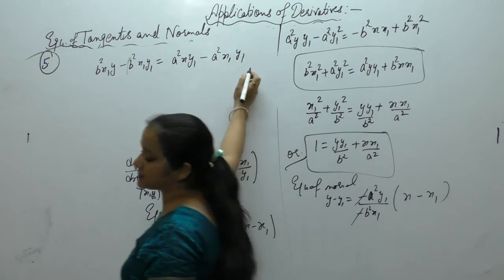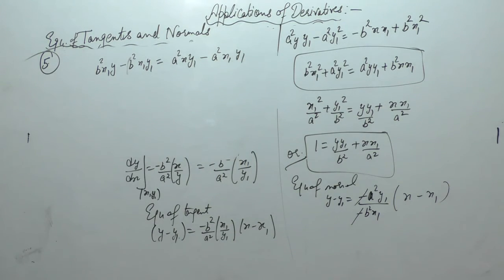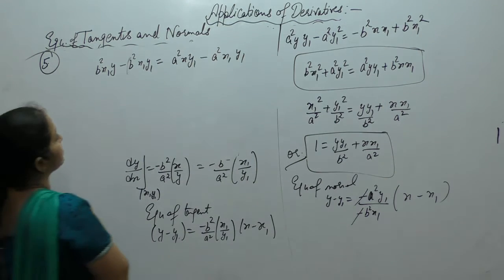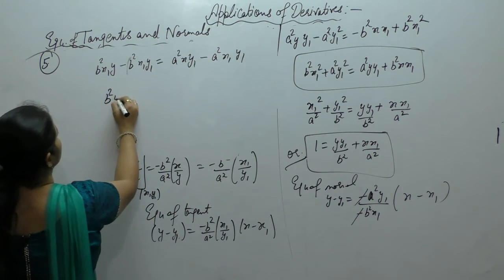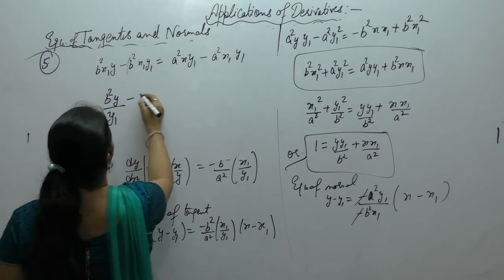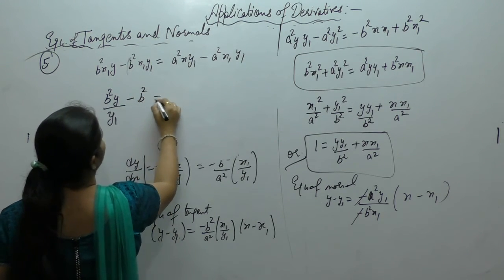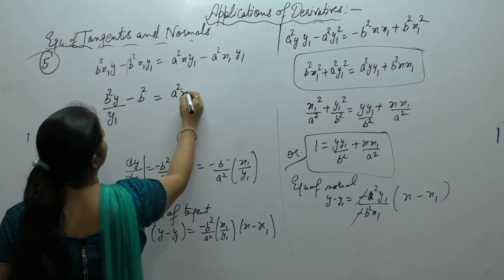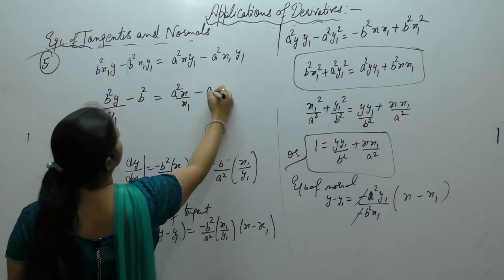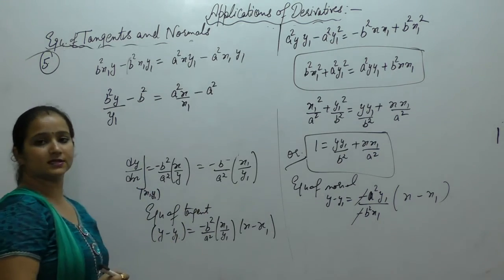This is what we got. Divide this by x1 y1. We divided by x1 y1, and we are left with this.